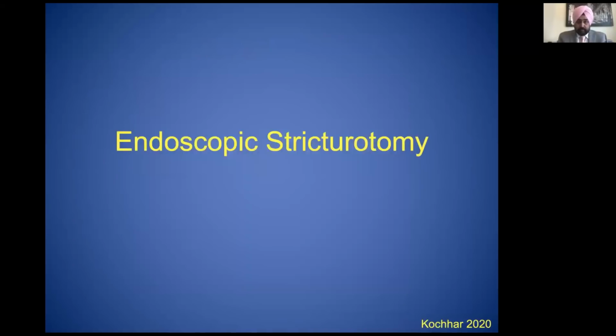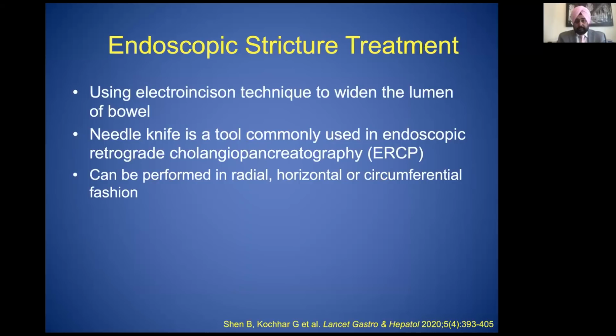So endoscopic stricturotomy is a technique in which we use electroincision to widen the lumen of the bowel. Needle knife has been commonly used in ERCP procedures. The same needle knife was used to perform radial, horizontal, or circumferential cuts in the strictured lumen to do endoscopic stricturotomy.